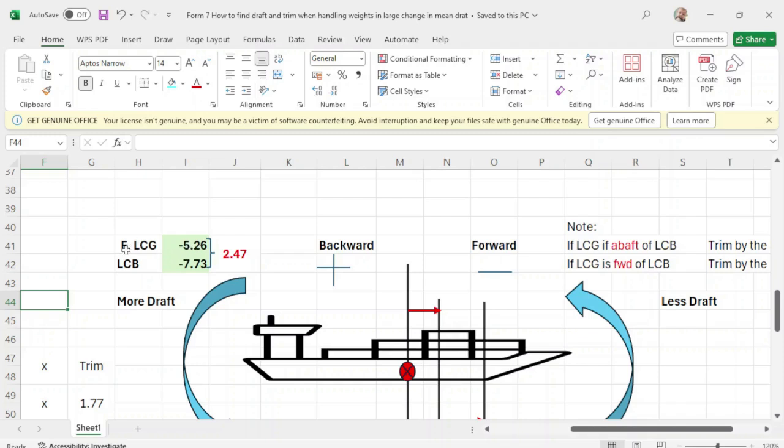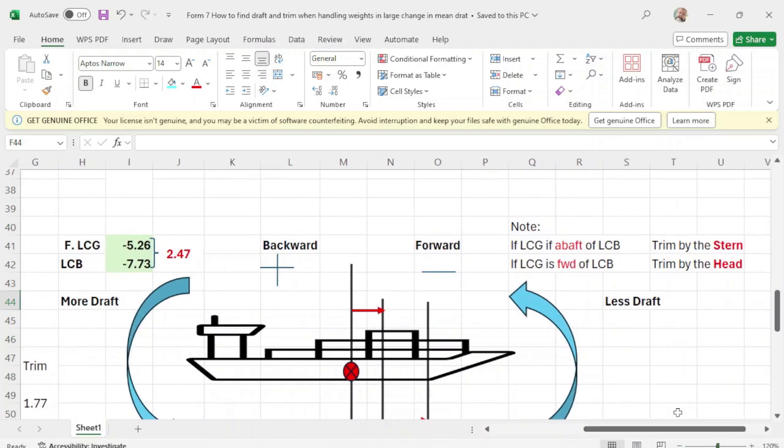So if LCG is behind, then he is trimmed by the stern, which is this one. If LCG is behind, this one is a little more forward, then he is trimmed by the stern. Okay, so that's it guys.